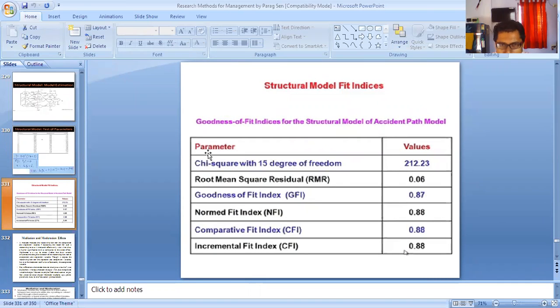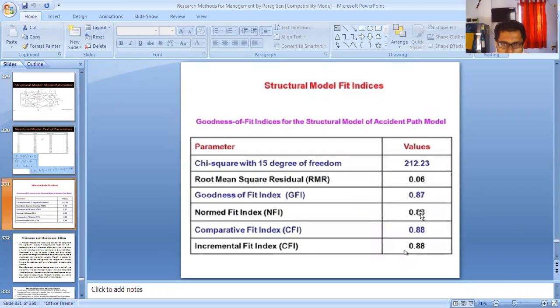You can see chi-square by the degrees of freedom, the root mean square residual, goodness of fit index, normed fit index, comparative fit index, incremental fit index. So different fit indices you will find, just like the fit indices that you observed in the measurement model. The same fit indices you will have to calculate for the structural model, or the path model, as well.